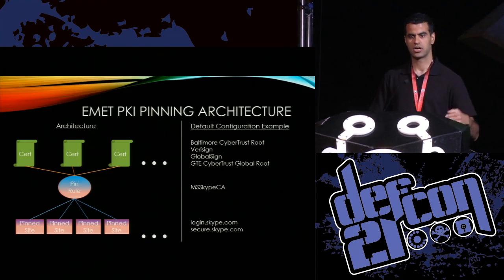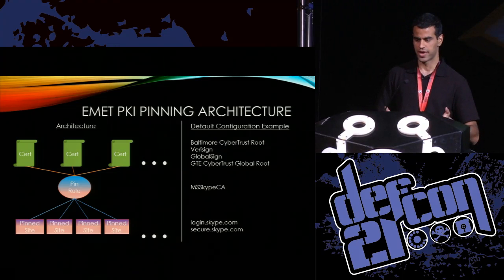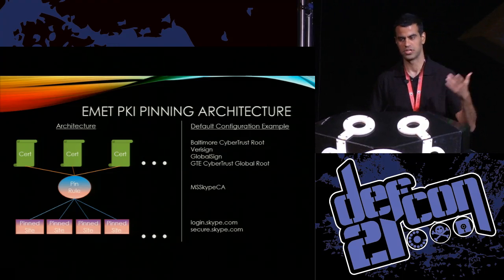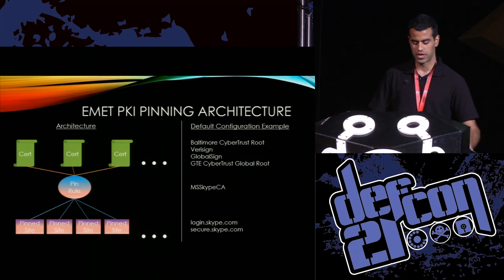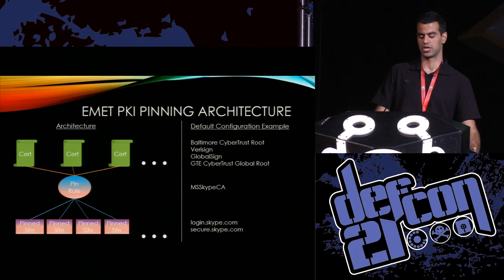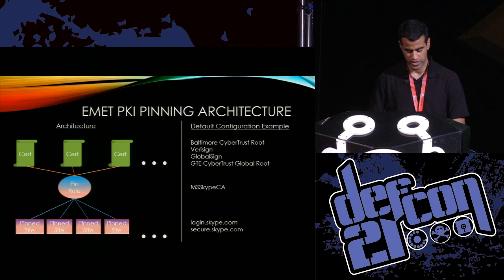And those services are pinned to things that we expect to see, like Baltimore CyberTrust, VeriSign, GlobalSign, and GTE CyberTrust. In general, different services under the same organization share certificates that they pin to.